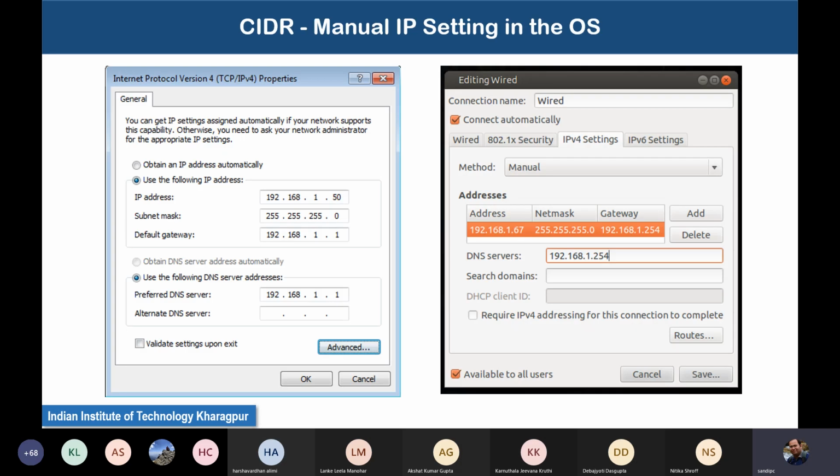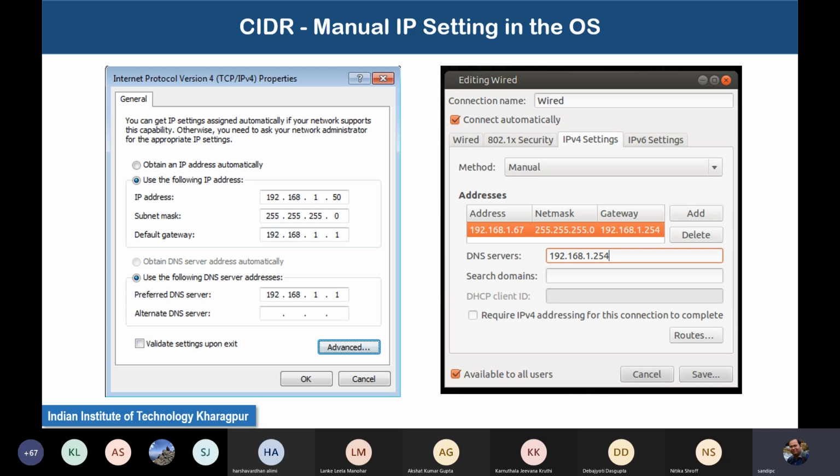Now, if you have done manual IP settings in your operating system, you will see that you need to put up this information. The left-hand side shows the IP configuration from a Windows machine, and the right-hand side shows the IP configuration from a Linux machine. Here you see that you need to give three different pieces of information. The primary information, whenever you are configuring your IP address, is the IP address itself.